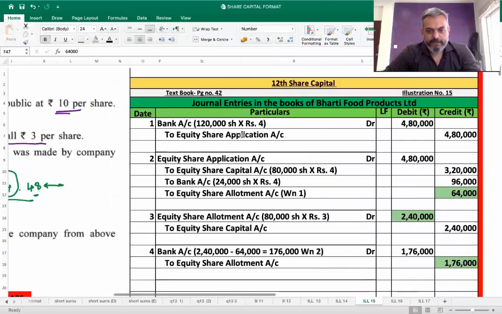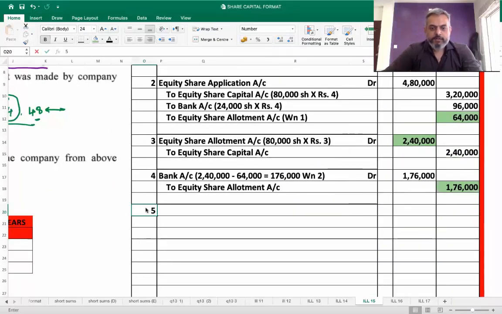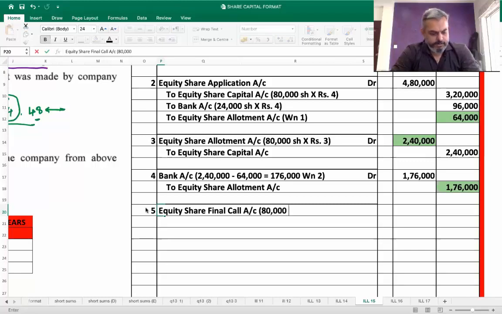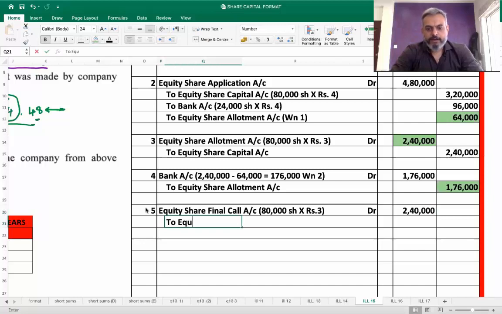Okay, fifth and sixth entry you can do it on your own. No calls in arrears. Equity share final call account, 80,000 shares into 3 per share, debit, to equity share capital account, 2,40,000.